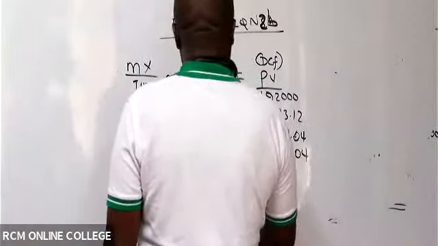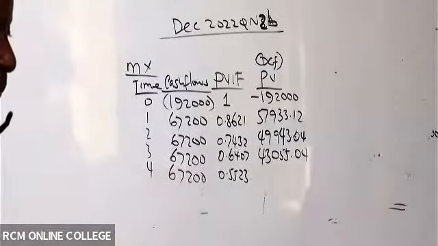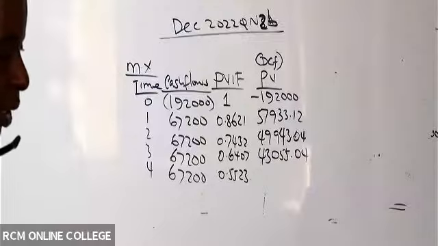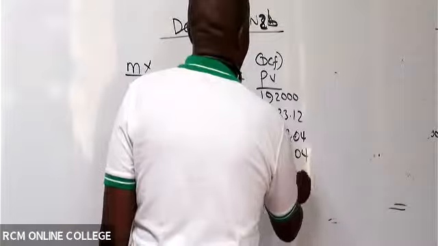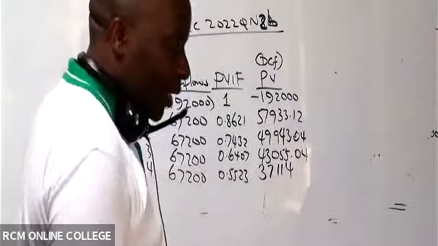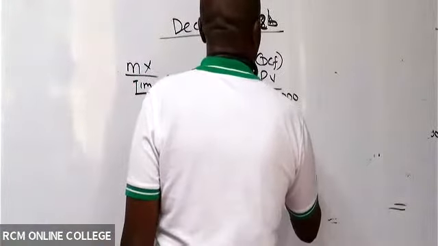And then we have the last one, which will be this times that: 37,114.56.